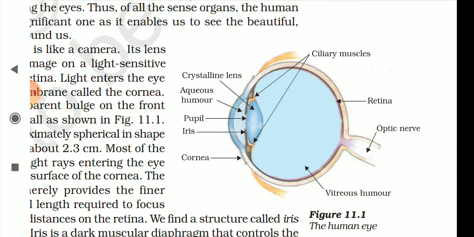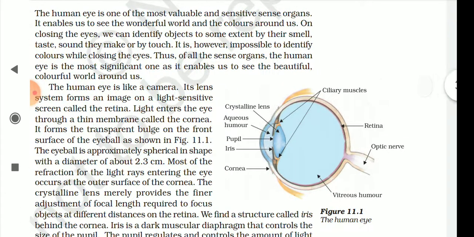There is also a retina and the optic nerves. We will see the functions of each and everything over here. If it is asked in examinations, then we need to draw this and then explain a short note about it.